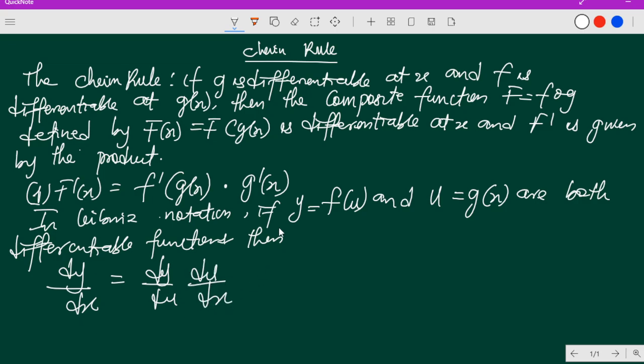So this is just the explanation: the moment both are differentiable, you can differentiate both.